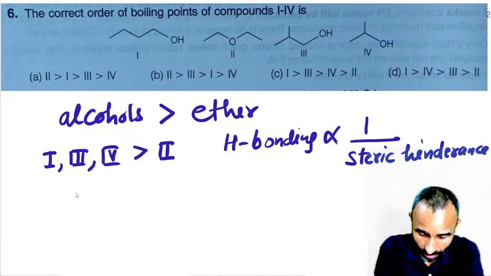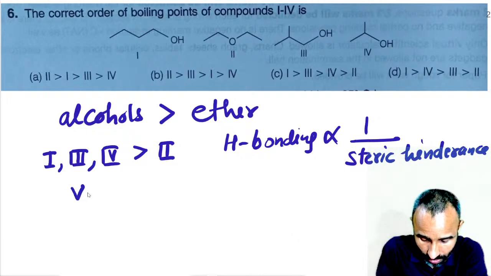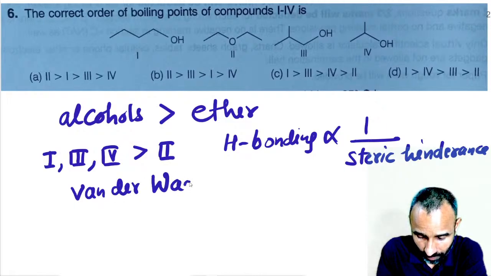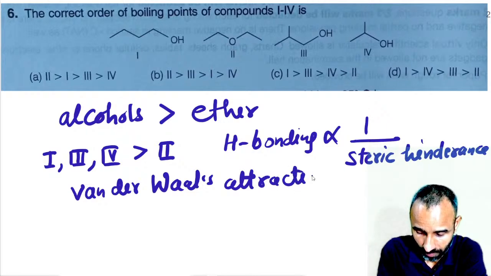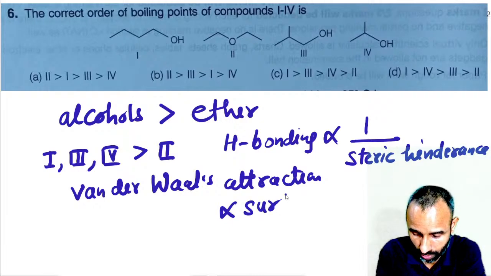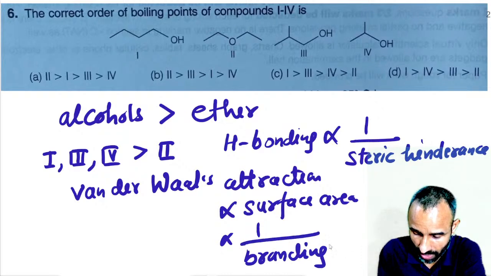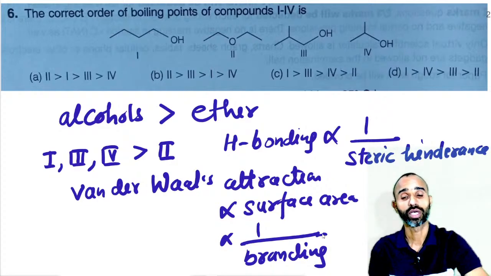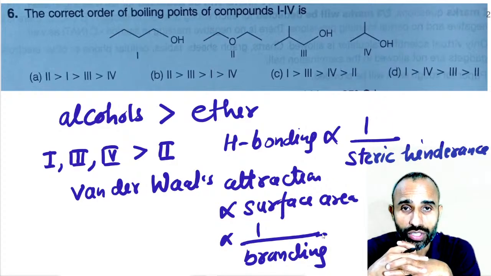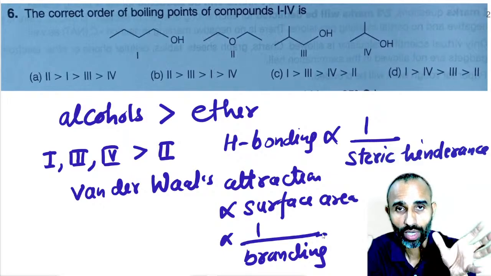And van der Waals attractions are directly proportional to surface area and inversely proportional to branching, because as branching increases, surface area decreases, because it becomes more like sphere.